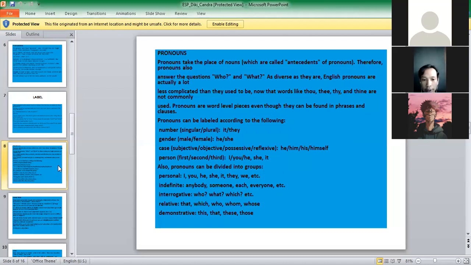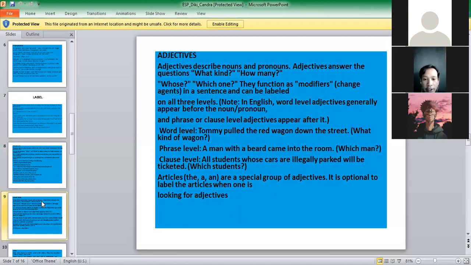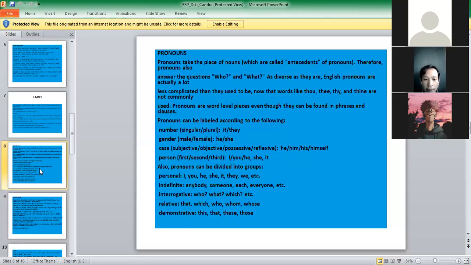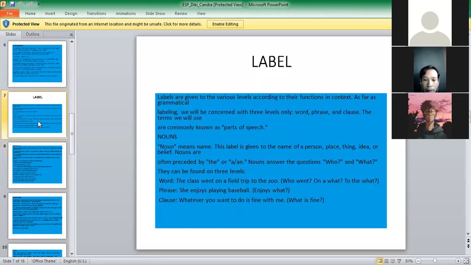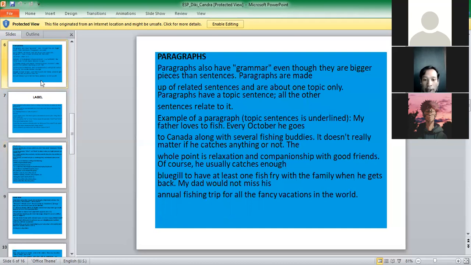A dependent clause cannot stand alone, is not a sentence, and can be labeled according to its function in a sentence. Examples of independent clauses: I am tired. The car is running. Example of a dependent clause: Because I'm tired, which is my excuse.